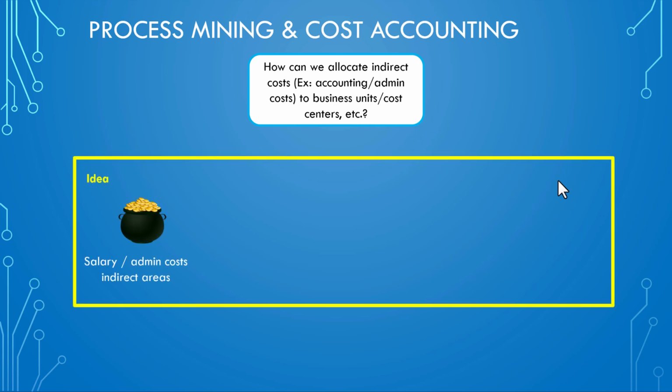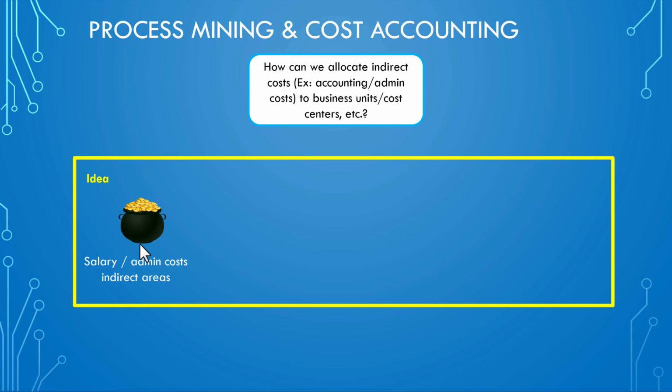So the idea is the following. We have a cost center, a finance cost center, for example, where the salary of the people that execute a process are posted. So for example, finance department post the cost of an accounts payable clerk that records vendor invoices.